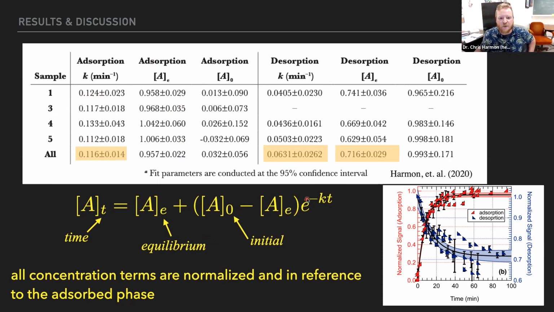And you can see that reproducibly, the adsorption rate constant is greater than the desorption rate constant. And furthermore, you notice the desorption doesn't go down to 0, rather it goes down to something like 70%, meaning 70% of the acetone is still remaining after something like 100 minutes.